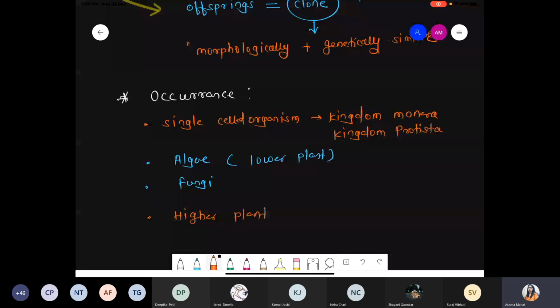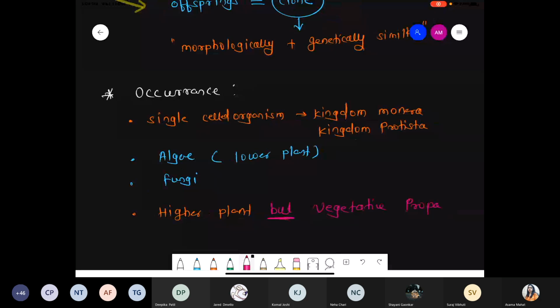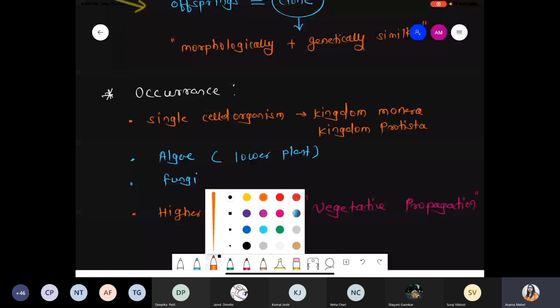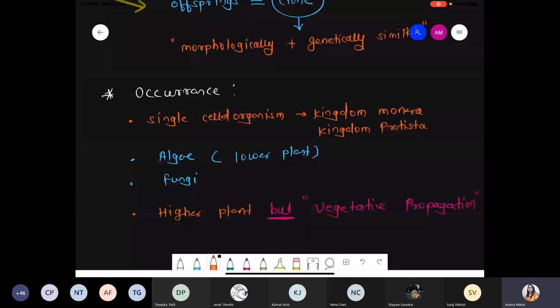higher plants, but we are not using the word asexual mode of reproduction. Specifically we are using the word vegetative reproduction, that is vegetative propagation. Got it? So please remember one thing, whenever we are talking about vegetative reproduction, these are also part of the asexual mode of reproduction, because a single parent is involved.